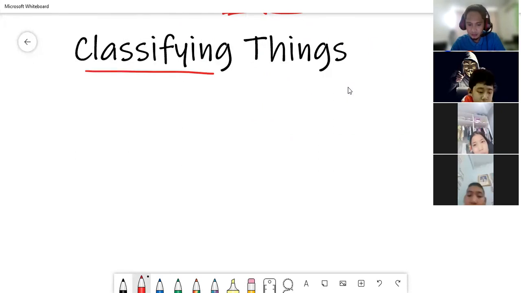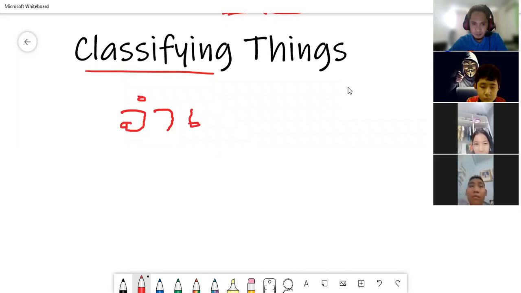English to Thai. Classify means จำแนก, แยกประเภท.